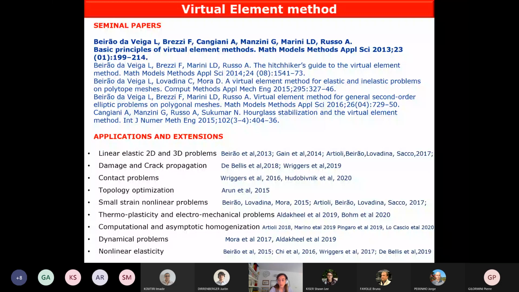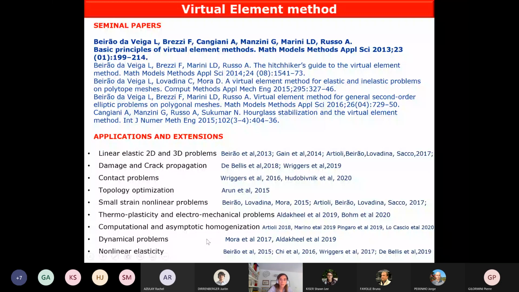Afterwards, the method has attracted the attention, especially of engineers, for versatile applications, and so there are more recent publications ranging from linear elasticity, also in 3D, damage, crack propagation, contact mechanics, multi-field problems, also homogenization, both adopting computational and asymptotic approaches, dynamical problems, and also nonlinear elasticity problems.